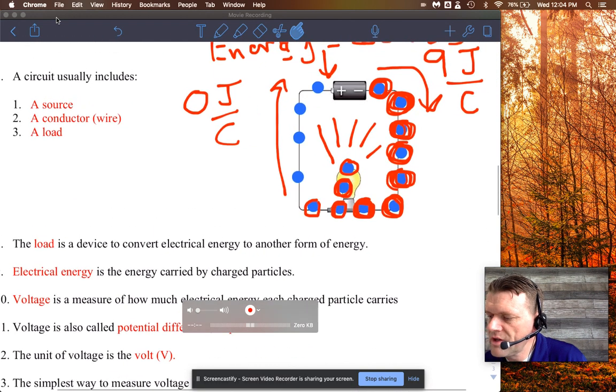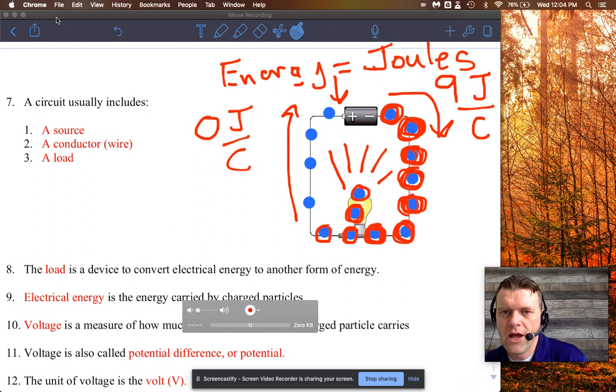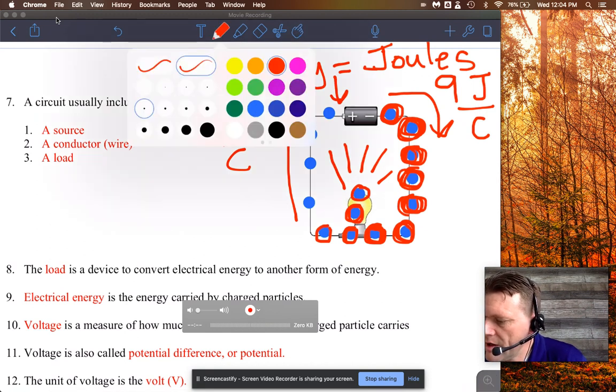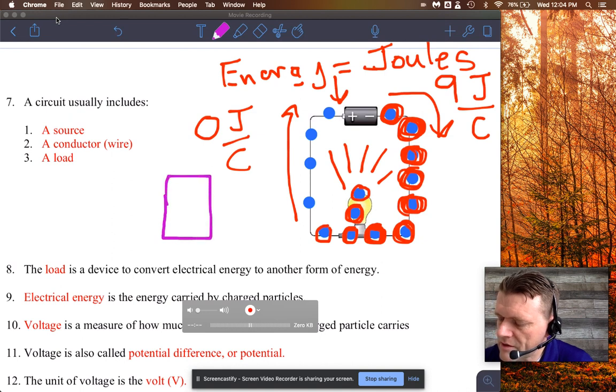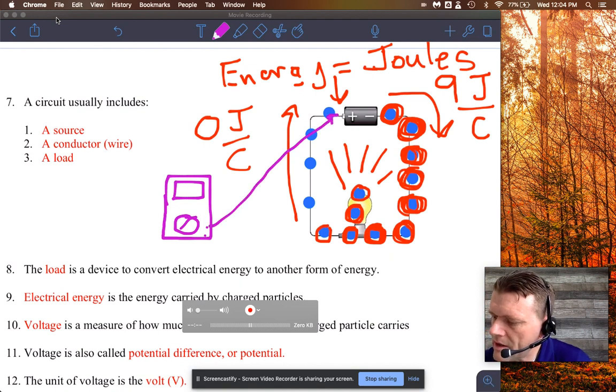But we can use a device called a voltmeter and actually measure the voltage in a circuit. So if we get a voltmeter, okay, there's lots of different kinds of voltmeters. Often they have a little dial here, and then they have a digital screen, and then they have 2 probes. So what we'll do is we'll take one probe and touch it right there, and take another probe and touch it right there.